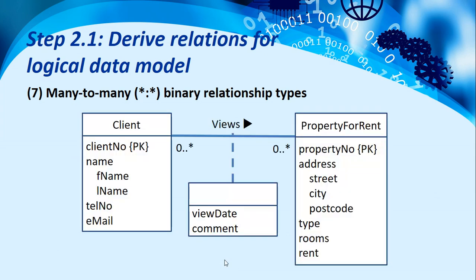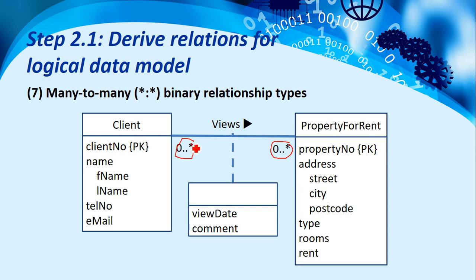So in this scenario, we have a relationship between the client and the property for rent entities. And as you notice, this is a many-to-many relationship type, no? Kasi may asterisk dito, hindi naman porket as it, let's say number two siya, let's say 100 or 10.